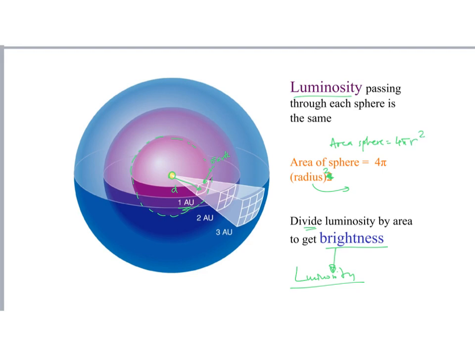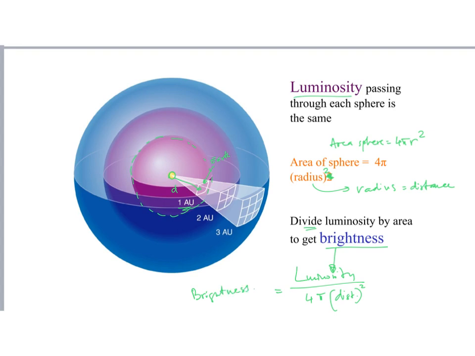And the radius is obviously the distance from us, right? So it's 4 pi distance squared. So this is going to be the brightness.